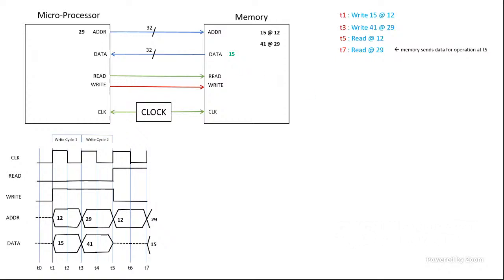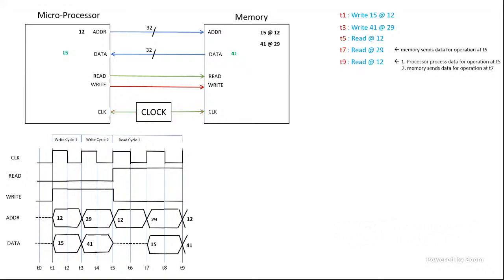Now, going forward from there, at the next clock edge, nothing interesting happens. But remember, this data is already being presented to the microprocessor. The question is when the microprocessor is going to process or consume it, as we call it. It's basically the next clock edge. Let's assume the microprocessor can consume that data in one clock cycle.